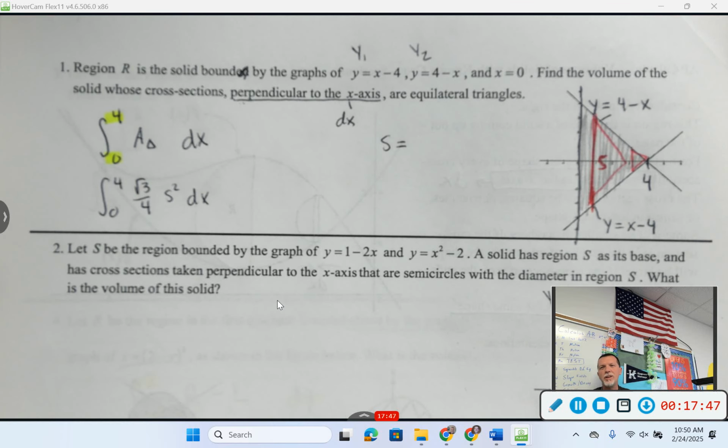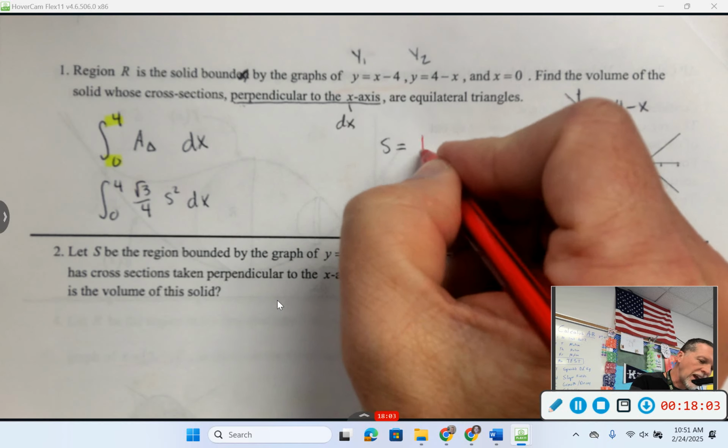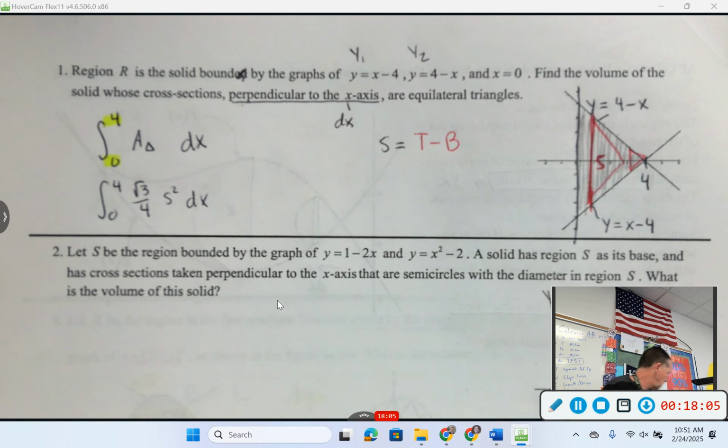Sort of relates to what we did Friday. How do I measure what s is? For now, I'm just going to say it's top minus bottom.